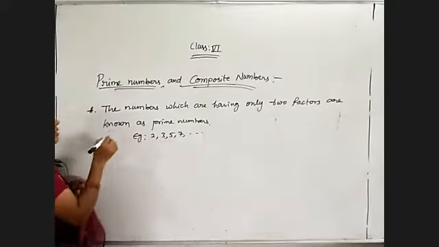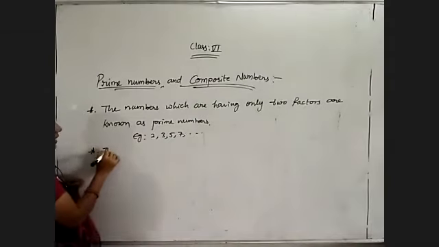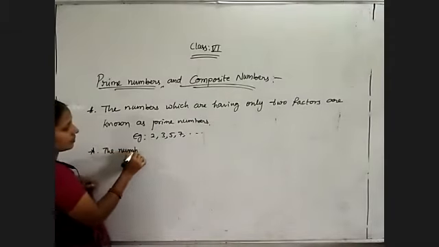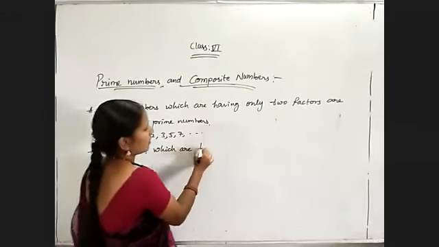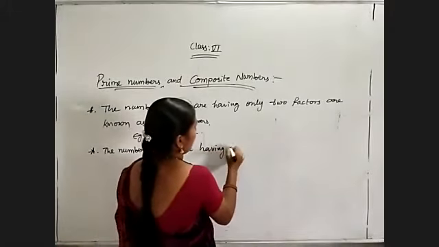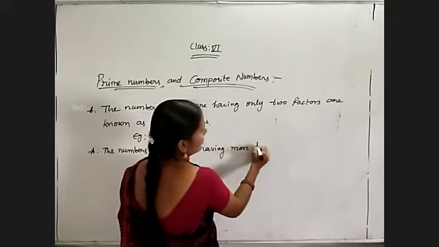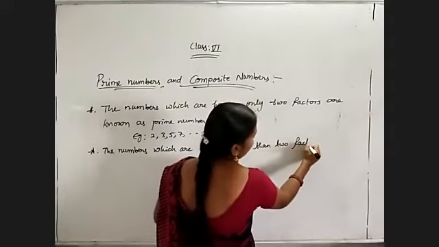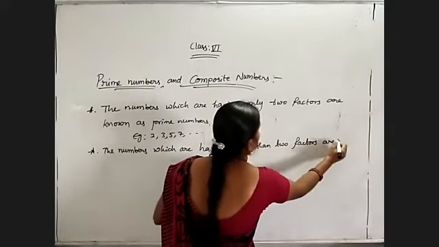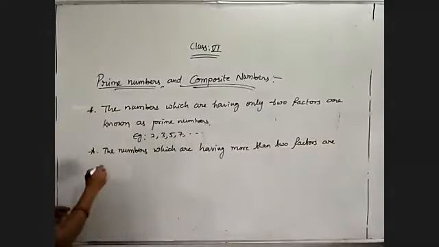Now coming to the next, the numbers which are having more than two factors are known as composite numbers.